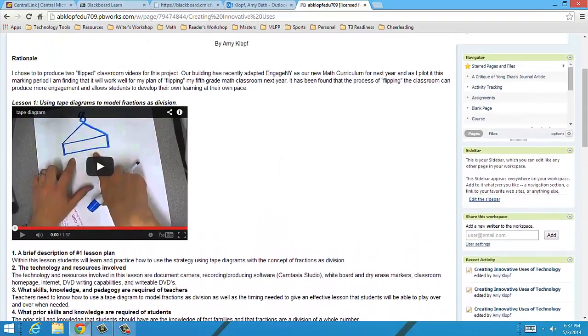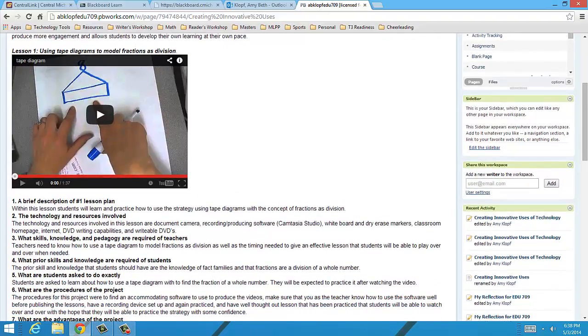So I'm going to start with lesson number 1. Lesson number 1 really is just teaching about a tape diagram and how to use it to model fractions as division. So I made this video. The technology I used for it was a document camera.